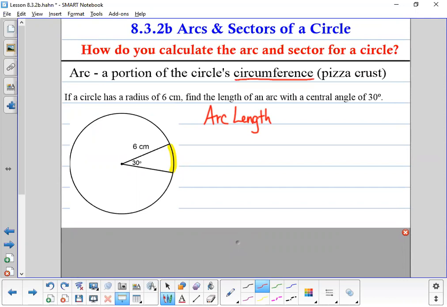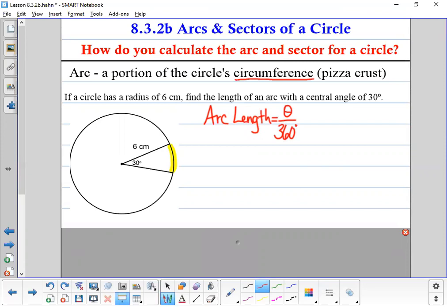We need to know what the angle is of our arc so that we can figure out what portion of the full circle we have. So angles, we're going to use theta because that's what we use for our variable for an angle. And essentially, whatever that angle is, if we do that angle over 360, that tells us what portion of the circle we have.